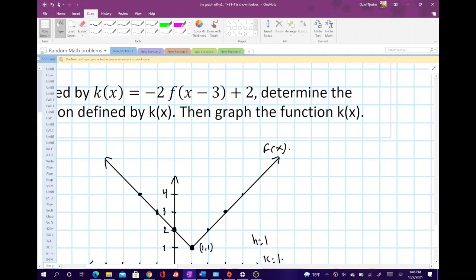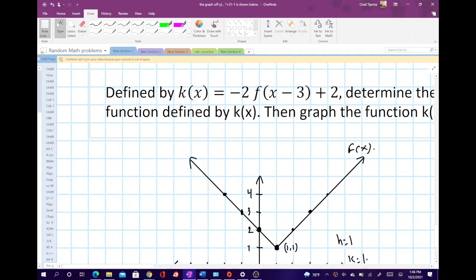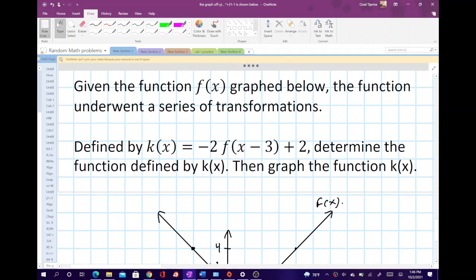So it says determine the function defined by k of x, then graph the function, right?